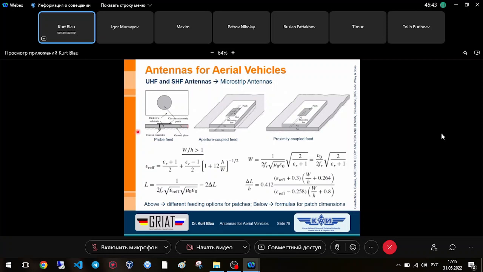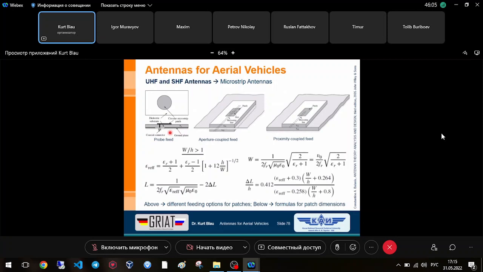And this is one parameter, and the next parameter is the thickness of the material itself. If you change the thickness and you hold the dimensions, only changing the thickness and holding also the relative permittivity, it means that you change the frequency.